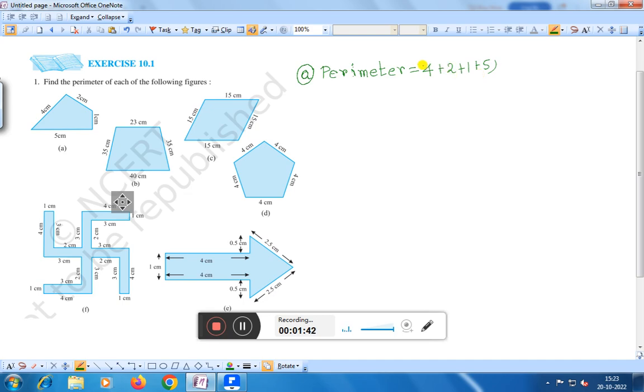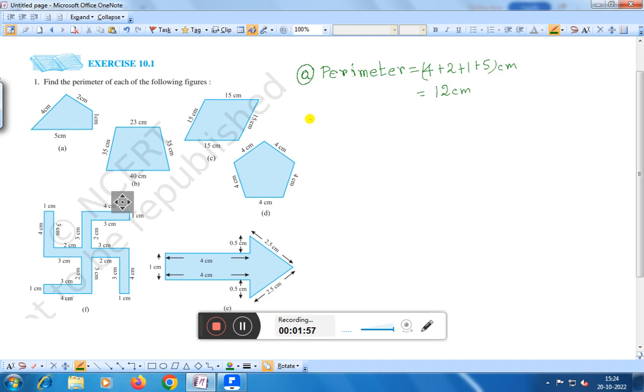If we add all the sides, you will get the perimeter of the figure, that is 4 plus 2 is 6, plus 1 is 7, 7 plus 5 is equal to 12 centimeter. Therefore 12 centimeter is the perimeter of figure A.